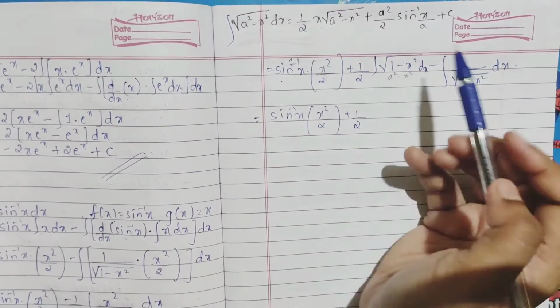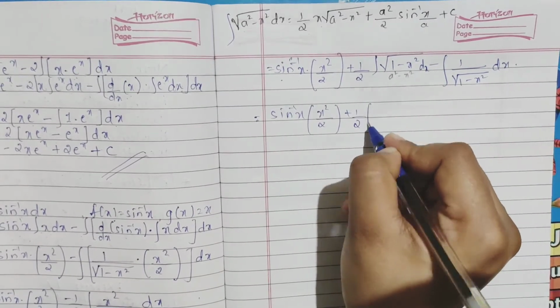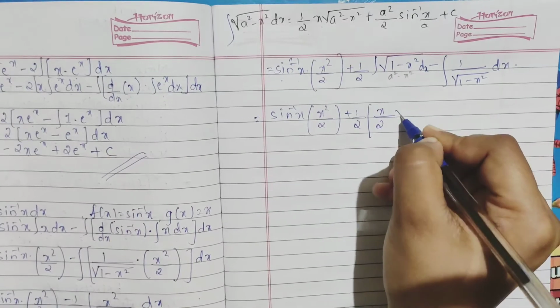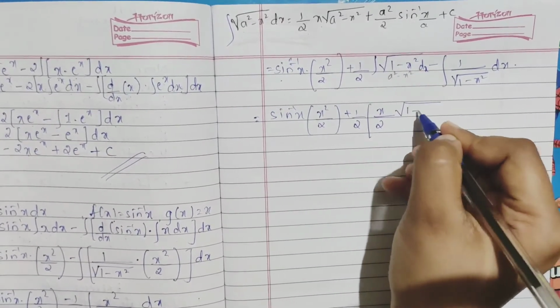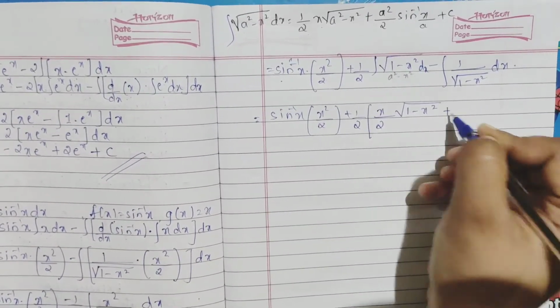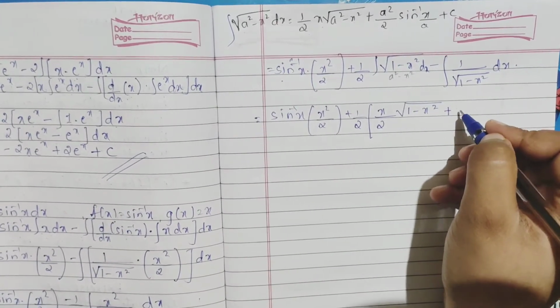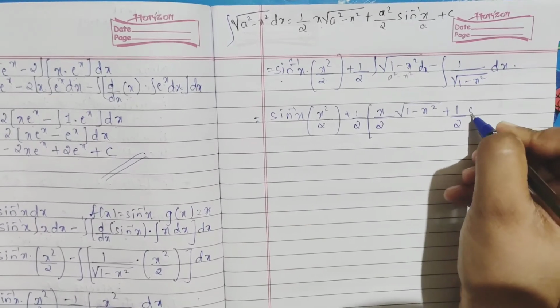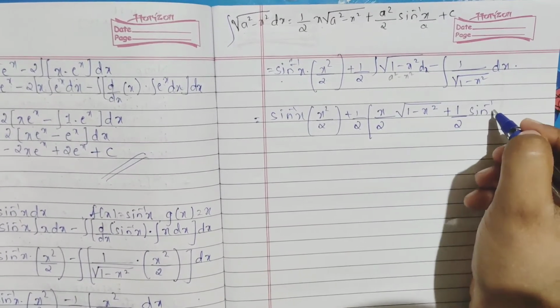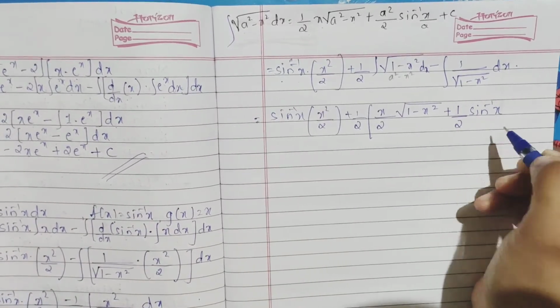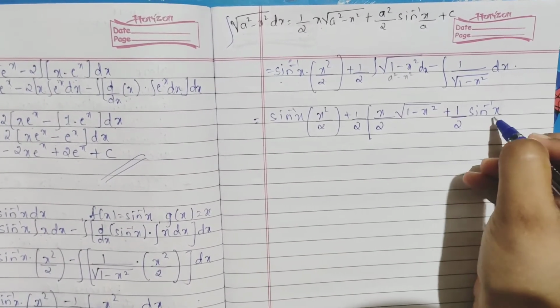So x by 2, root of a square minus x square plus a square by 2. Now your a is what? A square is your 1. So 1 divided by 2 sin inverse x by a, a is your 1 only, so divided by 1, it will be x only.